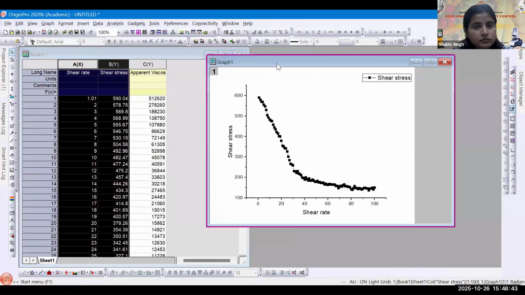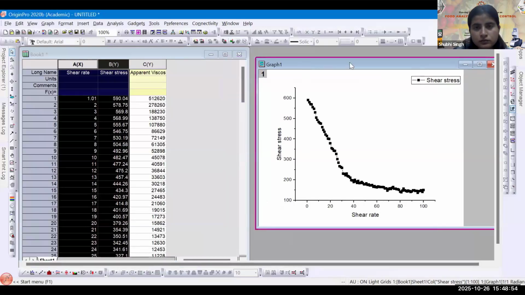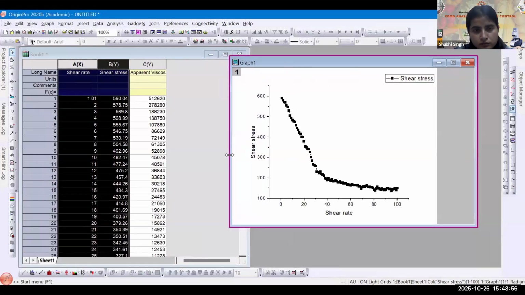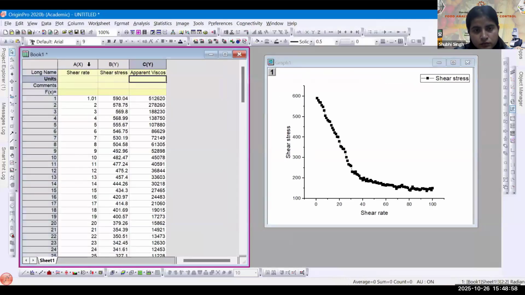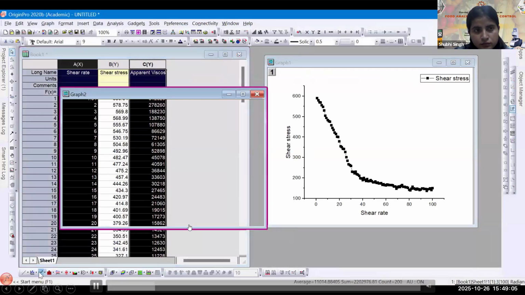Here you can see in the y-axis there is shear stress, and in the x-axis, shear rate. So this is the plot of shear stress versus shear rate. Similarly, I will plot shear rate versus apparent viscosity.